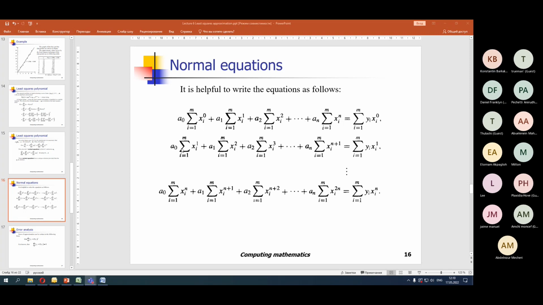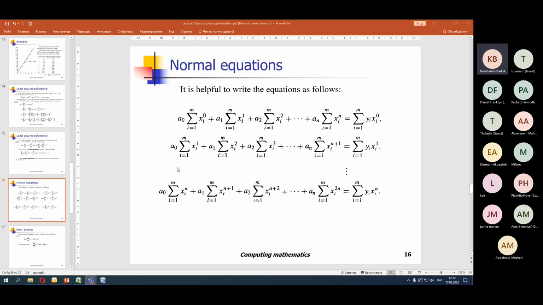Then, the next equation: a0 sum of x's, a1 times the sum of x squares, plus a2 sum of x power 3, equals the sum of yi xi power 1.